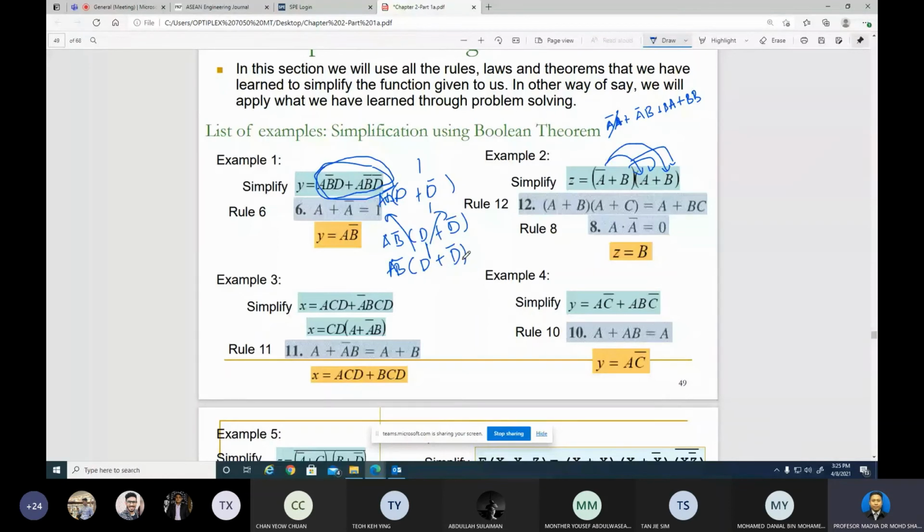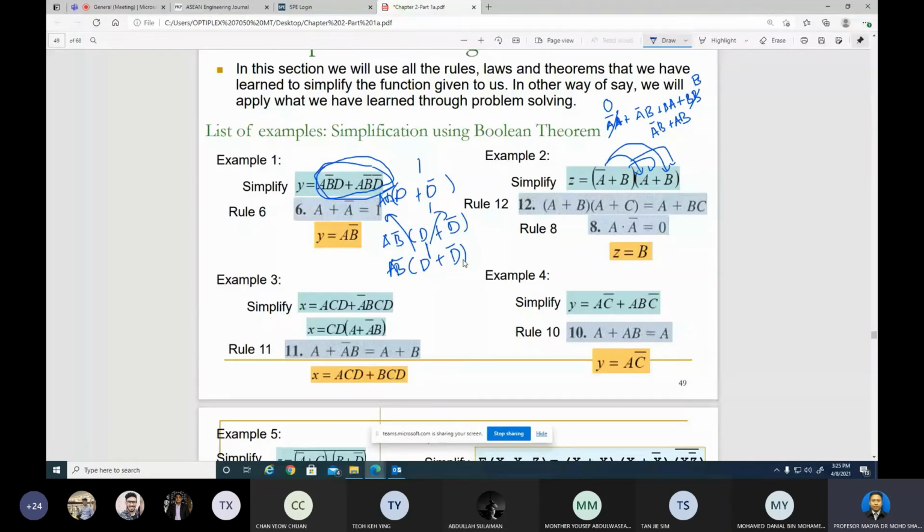Rule number 8 gives 0, and B multiplied by B will be B. So you can write it like this: AB plus AB. That's how you use the rules to simplify, and at the end you get this equal to B.